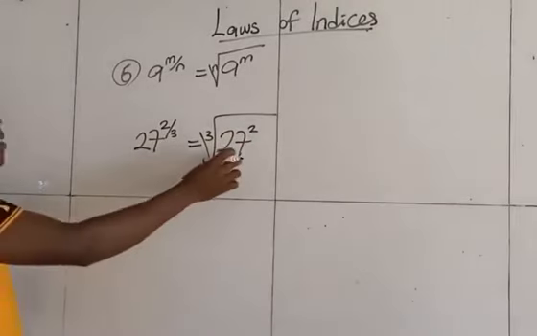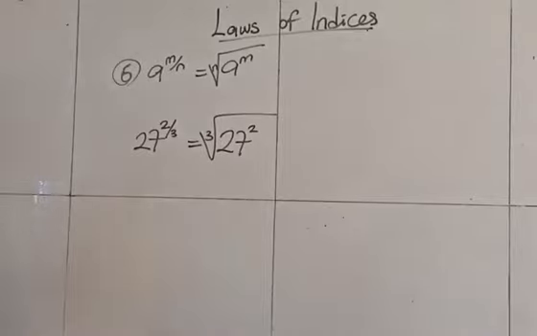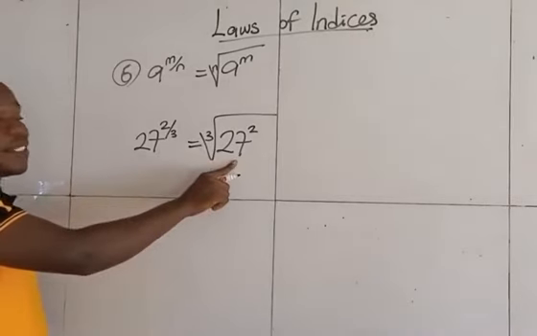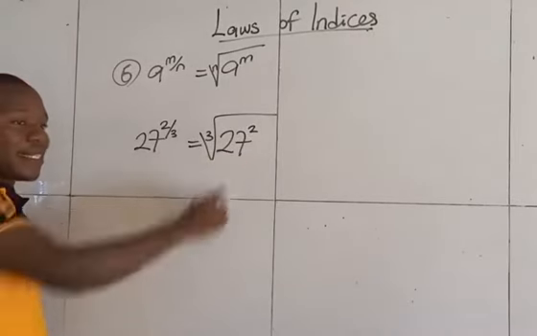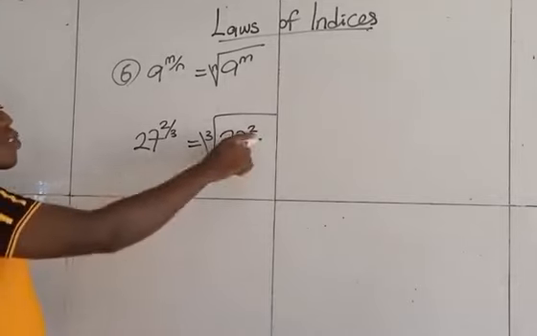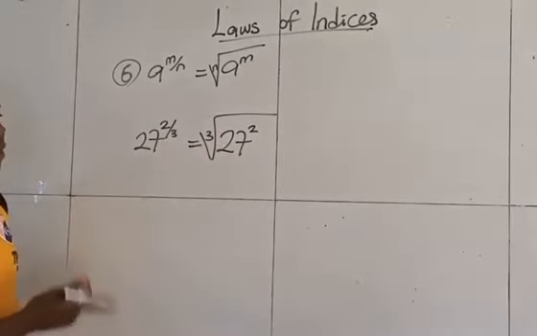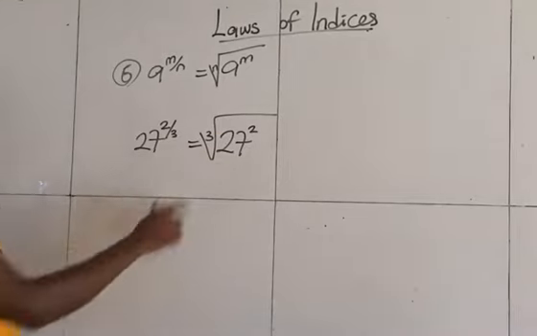The cube root of 27 raised to the power 2. This is now simple mathematics. There are 2 ways you can do this. Either you first look for the cube root of 27, and then your result you square it, or you find the square of 27, and the result you find the cube root. But the easier one is to start with the cube root of 27.